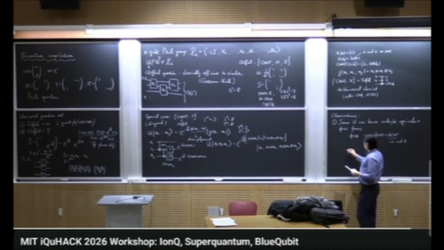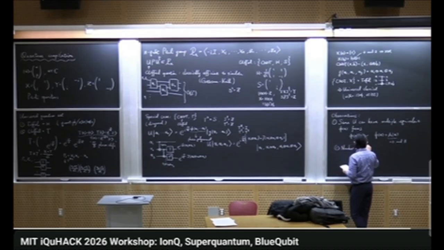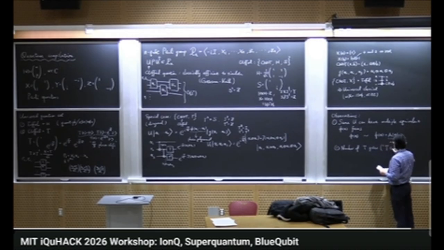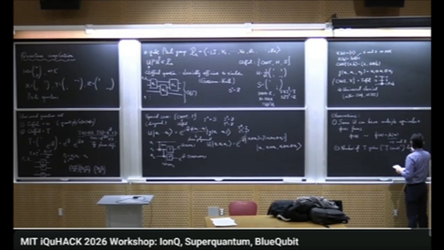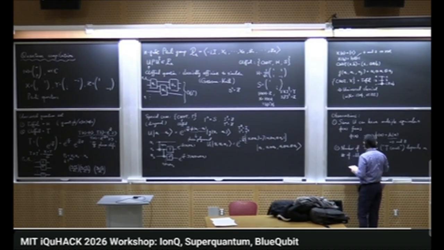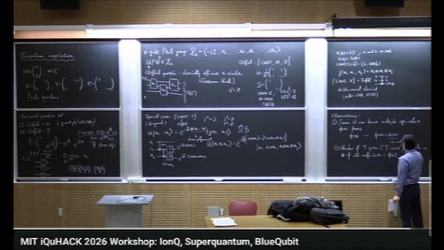That's observation number 1, and observation number 2 is that the number of T-gates, the so-called T-count, depends on the number of odd coefficients in phi(x).